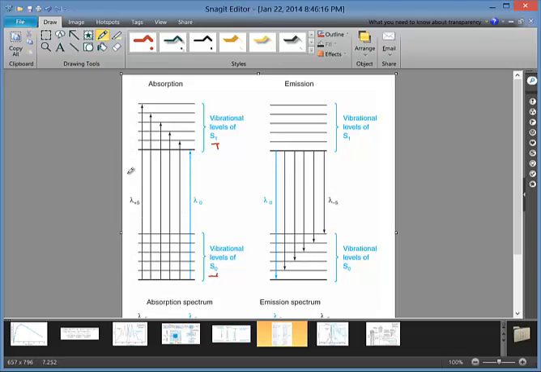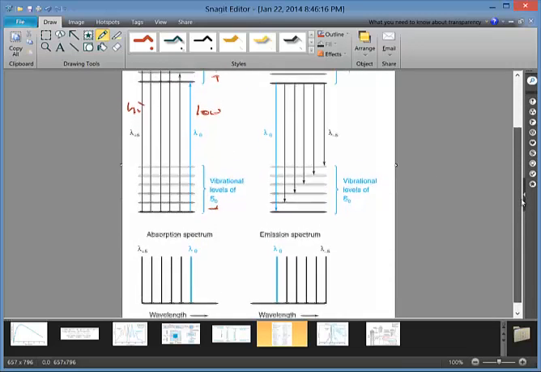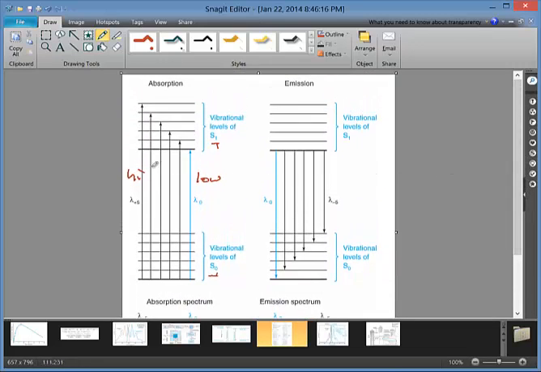The transition on the left is going to require high energy, and the transition on the right is going to require lower energy. So we see different amounts of energy here, and those are going to correspond to different wavelengths because of the relationship between wavelength and energy.